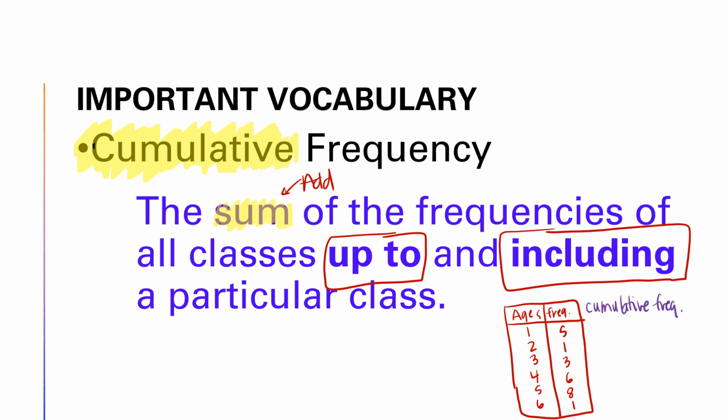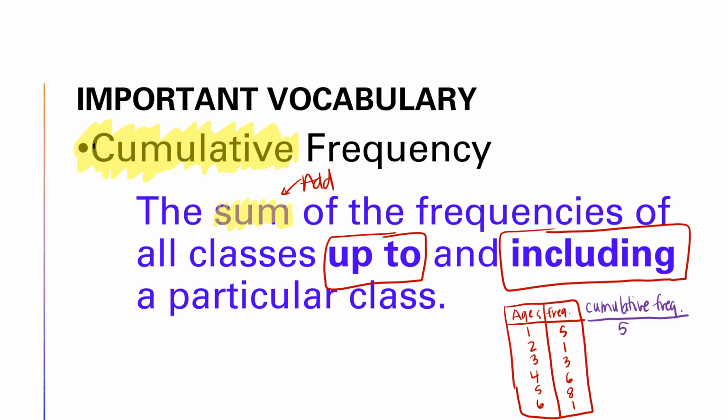If I asked you to find the cumulative frequency, all you're doing is adding up the frequencies of all classes up to and including that particular class. For the first row of your frequency table, it's just going to stay the same. You copy that frequency right over.